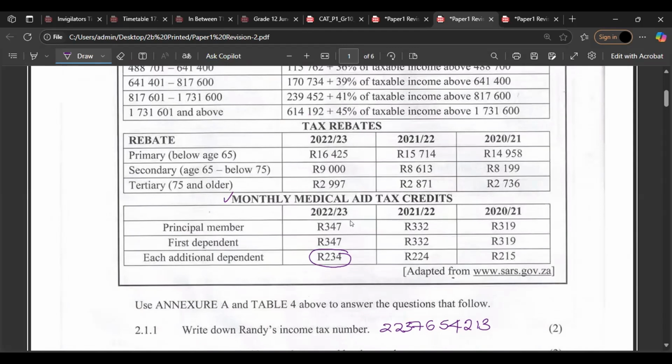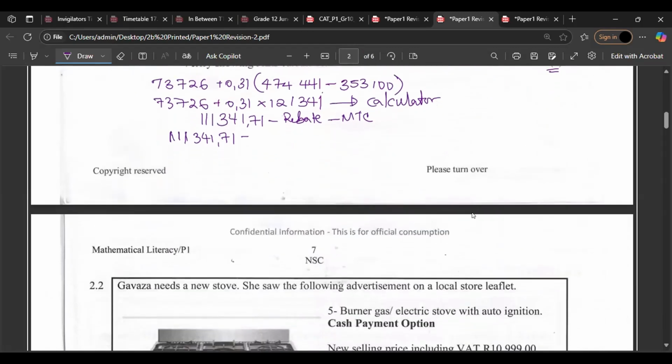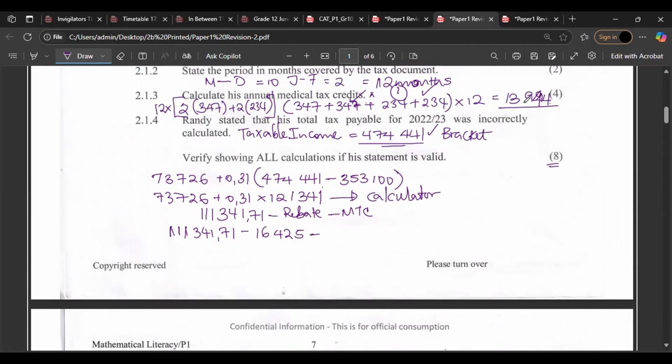We're going to subtract 16,425 minus the medical tax credit that we already got as 13,944.